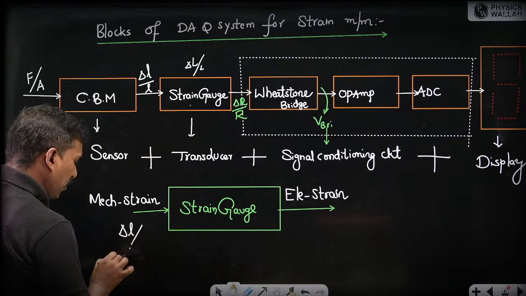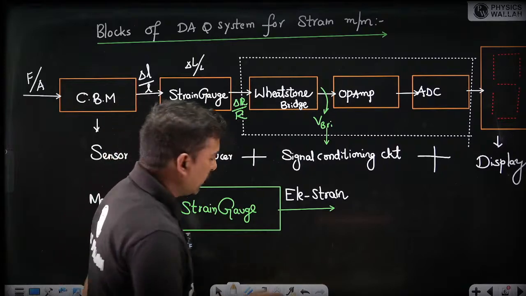Mechanical strain means delta L by L. Electrical strain means you can say delta R by R.